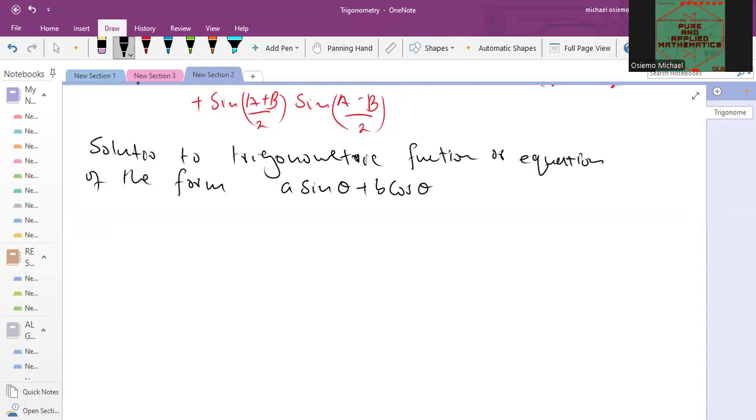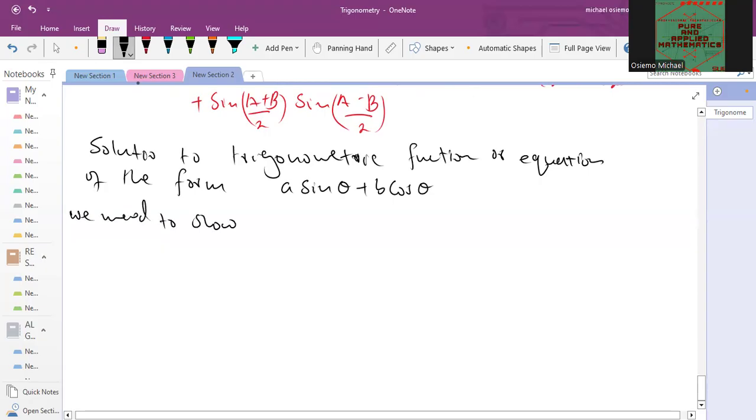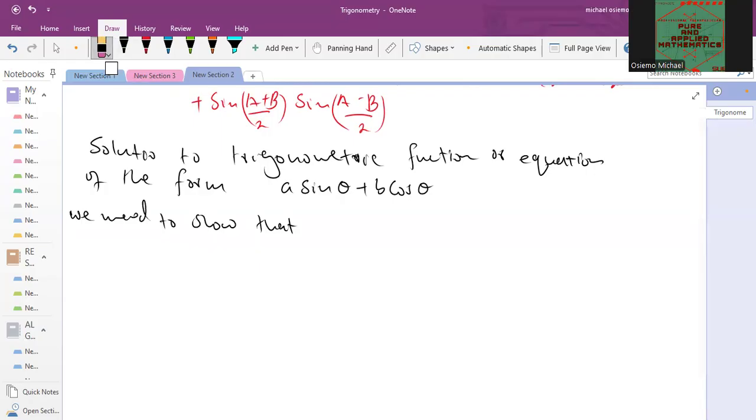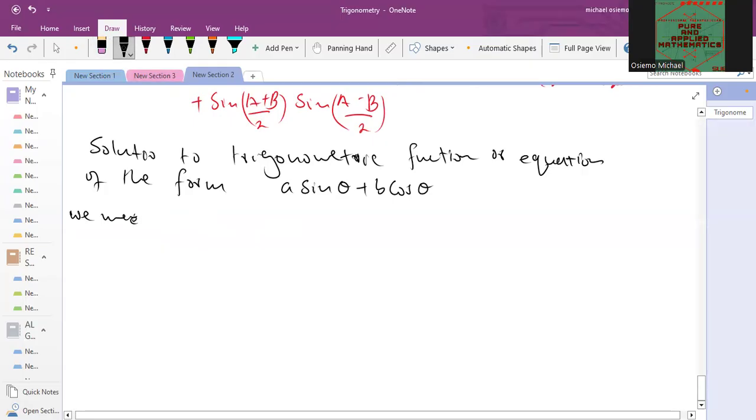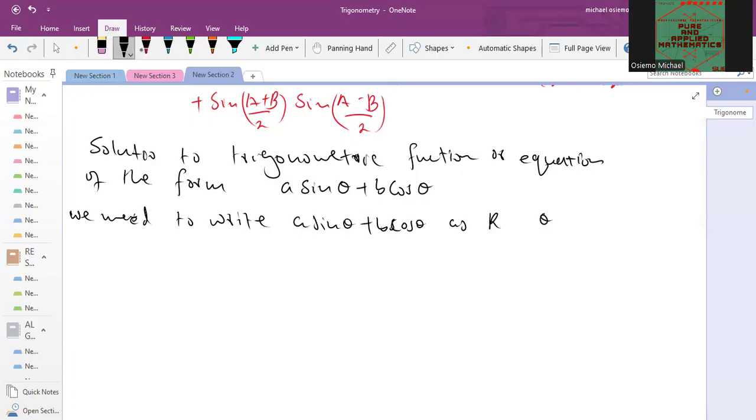And so we need to show that we need to write a sin theta plus b cos theta as r cos theta, or maybe r sin(theta plus alpha).